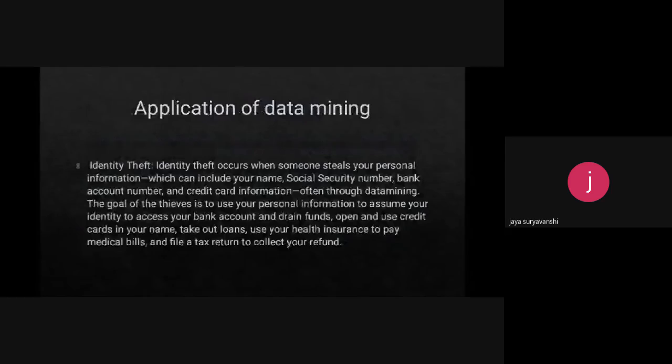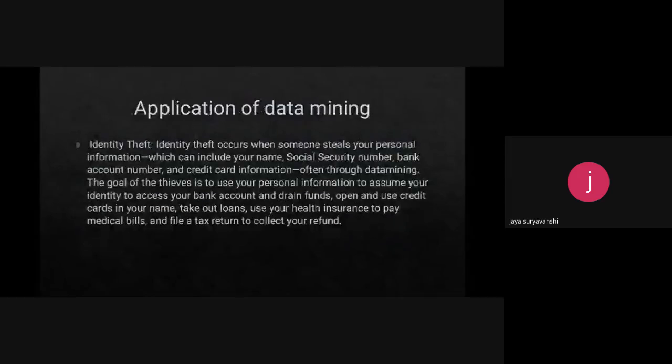Application of data mining: one of the applications is identity theft. Identity theft occurs when someone steals your personal information, which can include your name, social security number, bank account number, and credit card information.